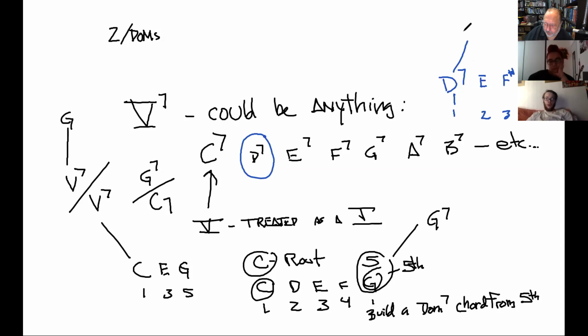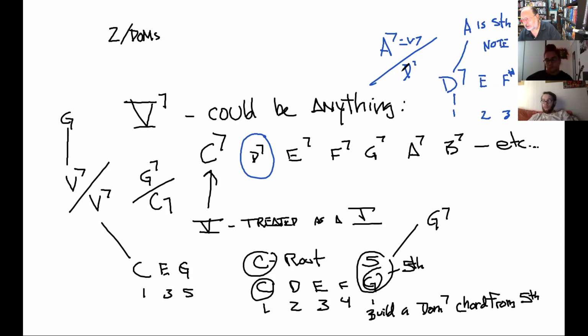So A is the 5th of D, right? So A7 would be a 5/7 in the key of D. Starting to make sense?